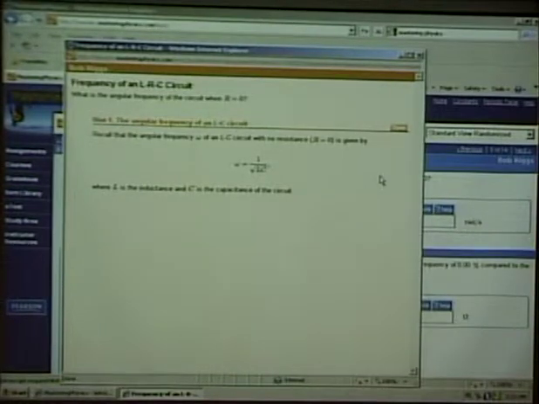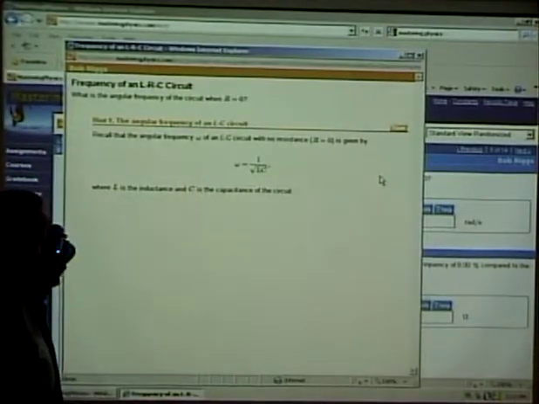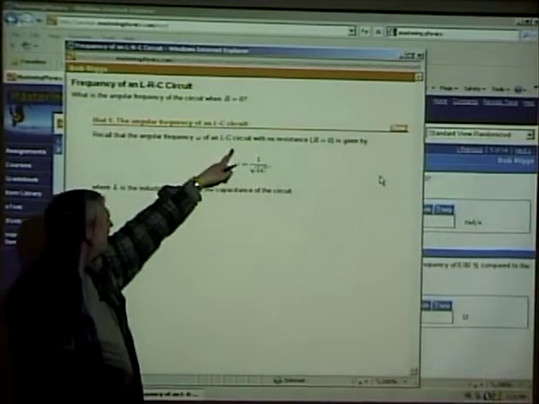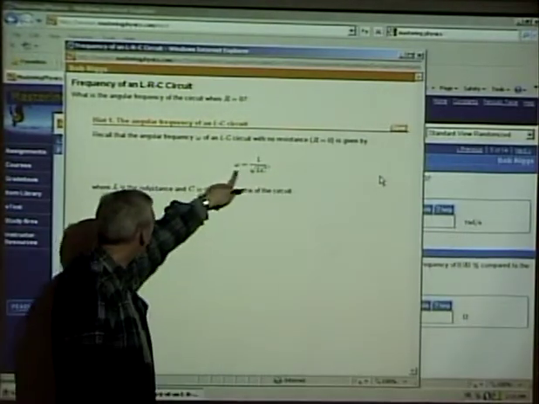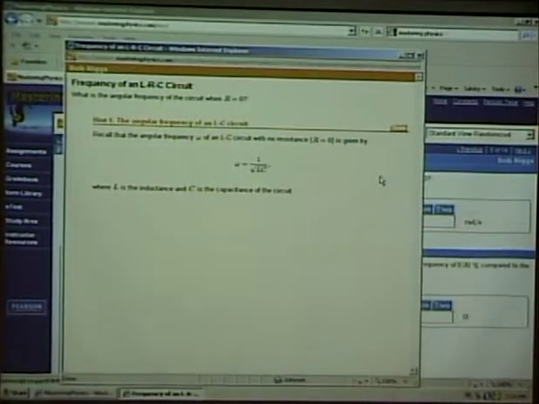The reason they're doing that is because when R is 0, there's no resistance. Then recall that the angular frequency of an LC circuit with no resistance is given by omega equals 1 divided by the square root of L, there you go. They gave you the formula right there. Boom, and you can go in and plug it in.